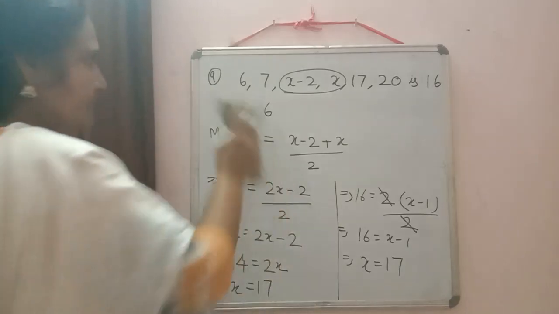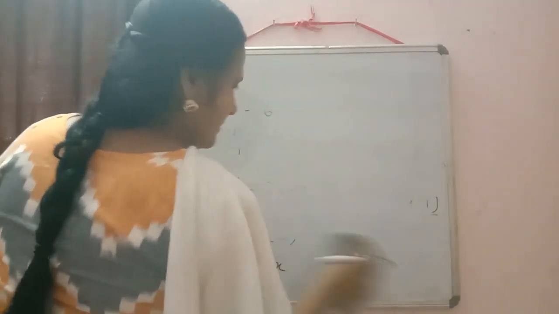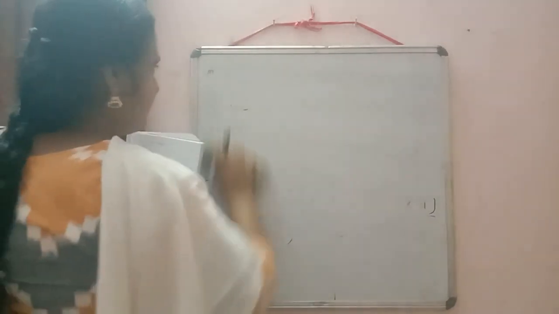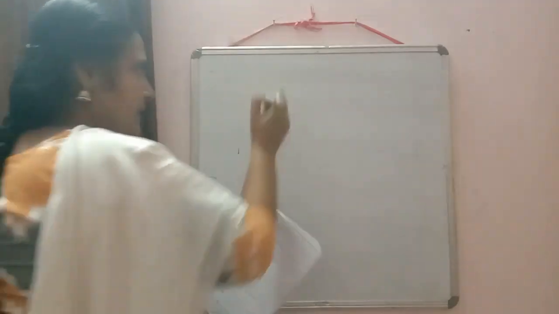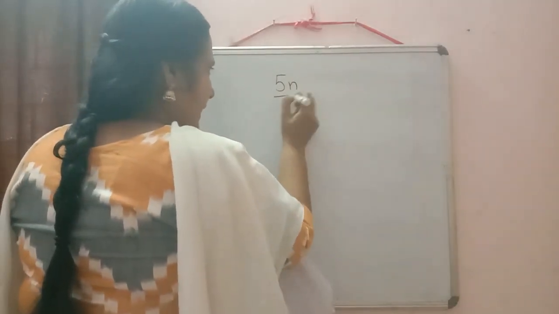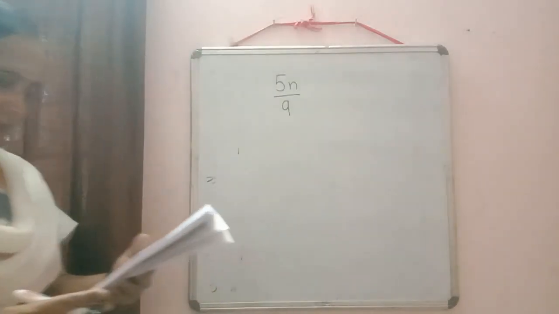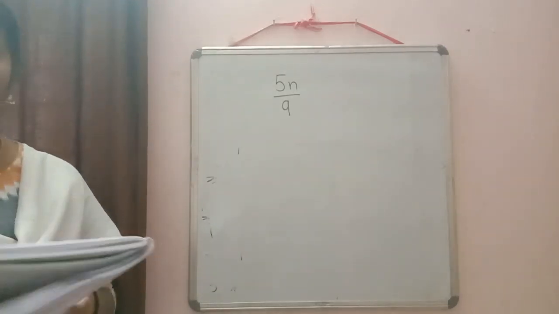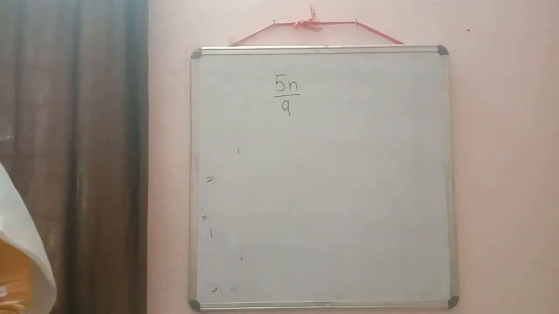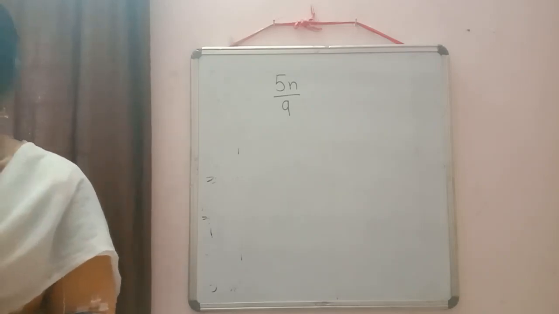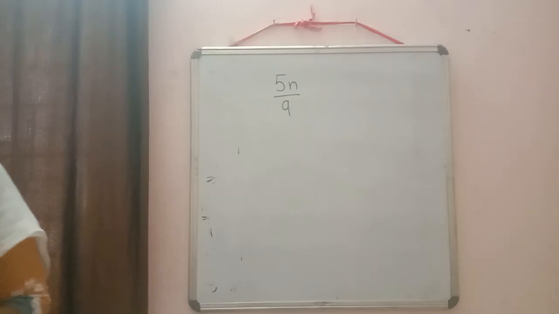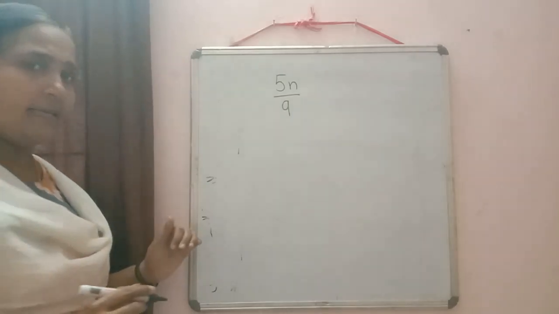Question number 10 is, if the mean of first n natural numbers is 5n by 9, then find n.